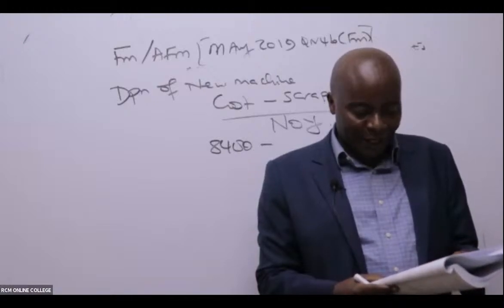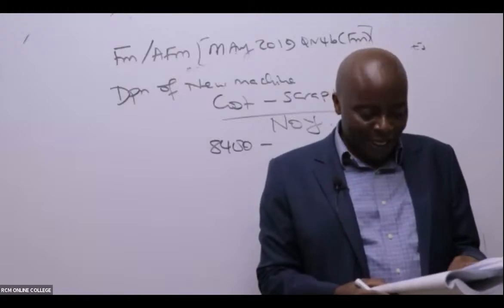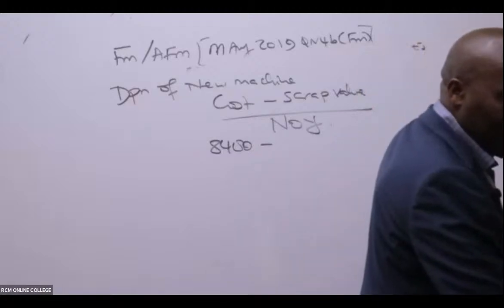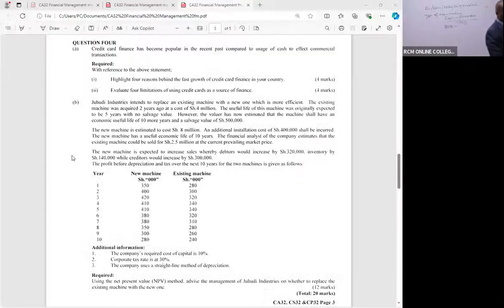Is it given? Because if I read from the beginning, my students, here, Juhudi Industries intends to replace an existing machine with a new one, which is more efficient.